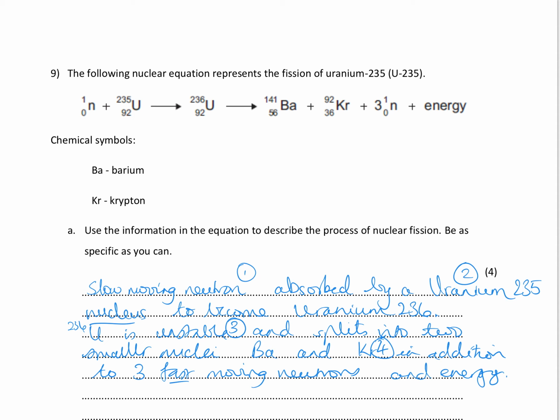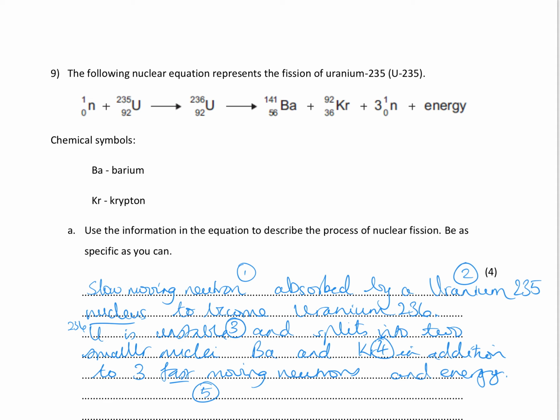And you could have had another mark here for the three neutrons and the energy. If you mention things like the fact that the numbers up here, if you look back up to the equation, 141 plus 92 plus 3 will equal 236.